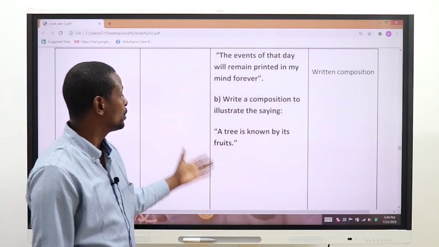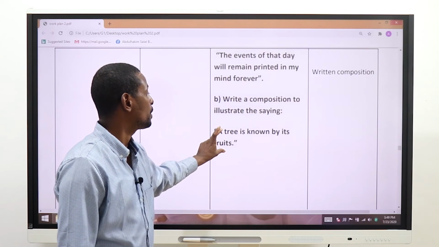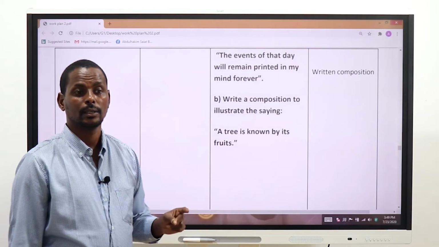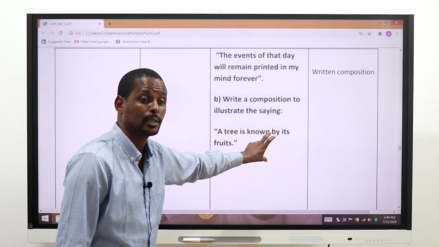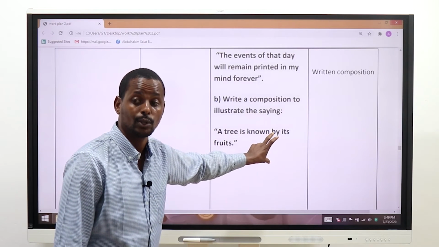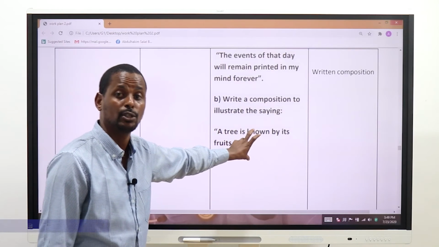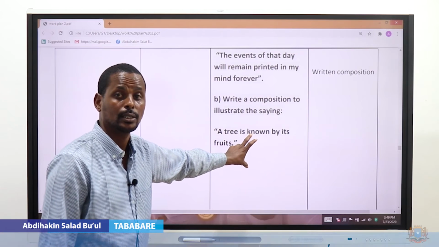Because your aim is not that a tree is known by its fruits should be something which is a principle that everybody understands. The point is, for the linguistic purpose, for the student to learn language through writing skills, and the creativity of the student, and the essay writing ability of the student.